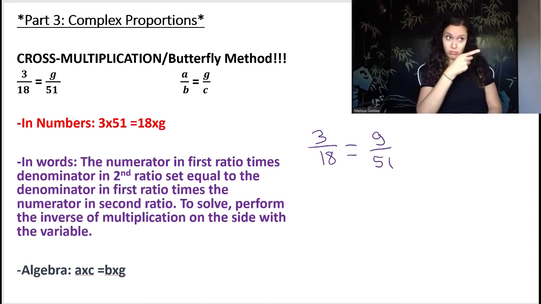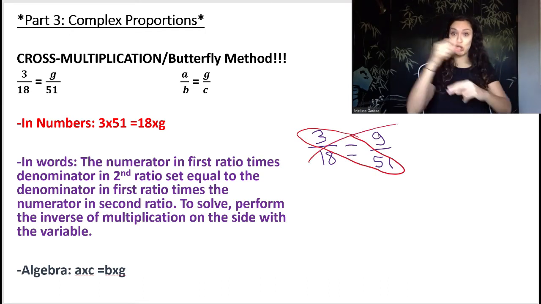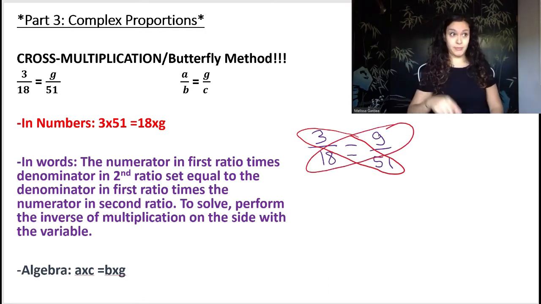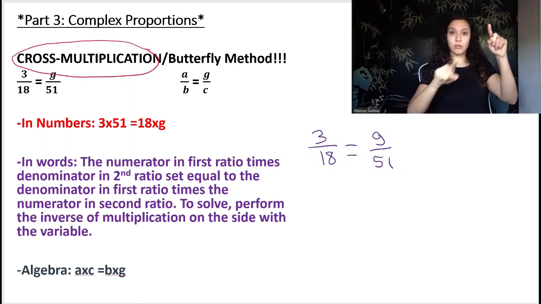All right, for this problem, I would say, okay, 3 times 51 equals 18 times G. So let me do that again. This is what I would do. This is also called cross multiplication.